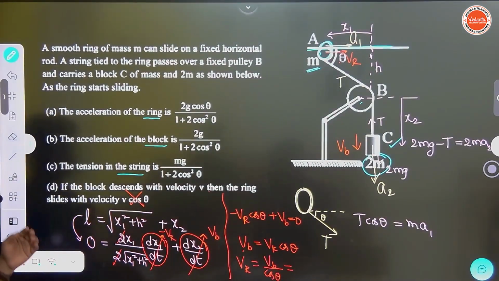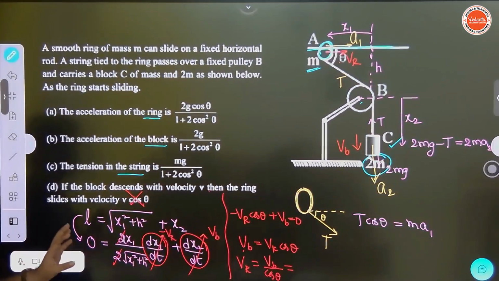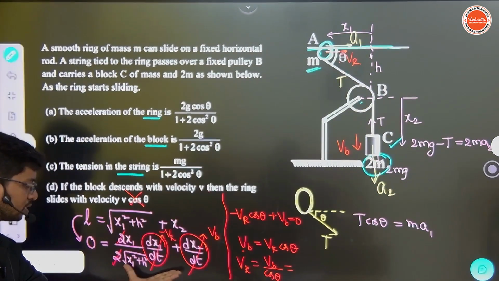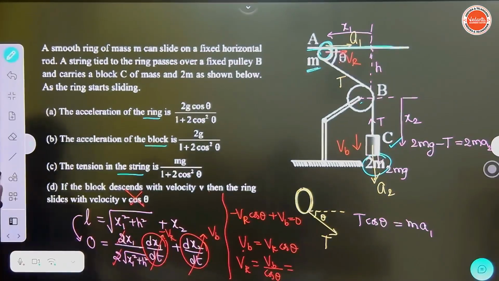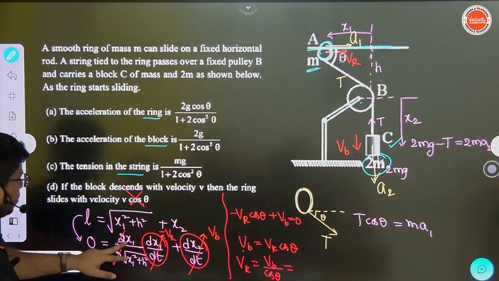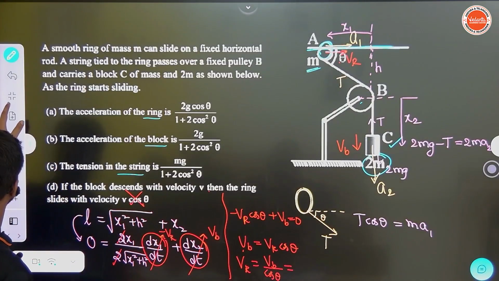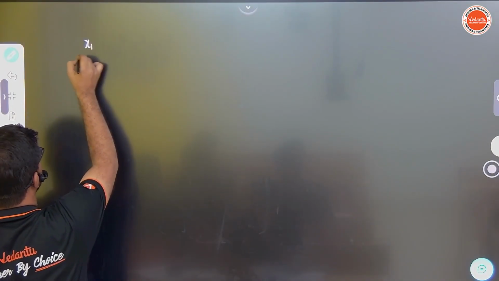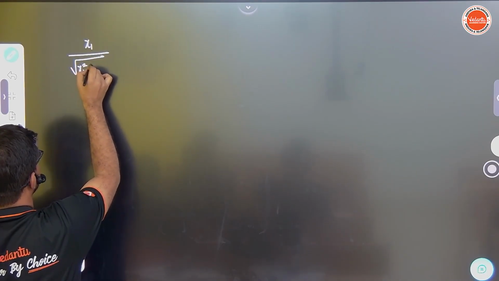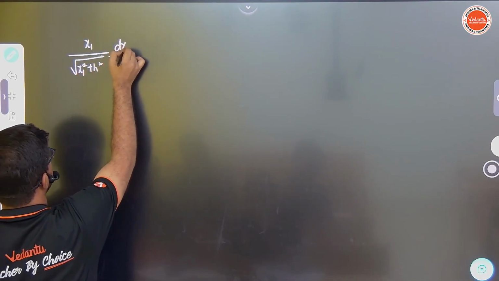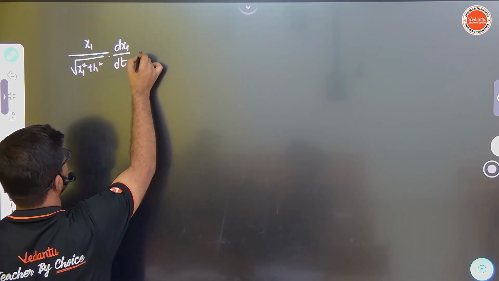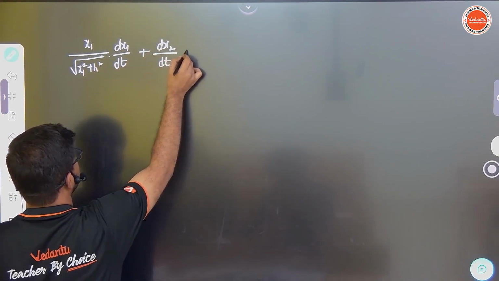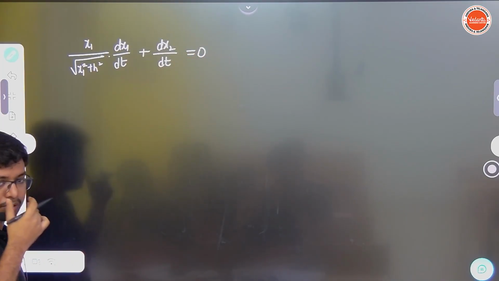Clear? Now we need the relation between the accelerations over here. If we need the relation between accelerations, let us take this equation and continue ahead. So what is this equation? Just try to remember this one. This is x1. Tell me the equation: x1 by under root of x1 square plus h square into dx1 divided by dt plus dx2 divided by dt should be equal to 0.